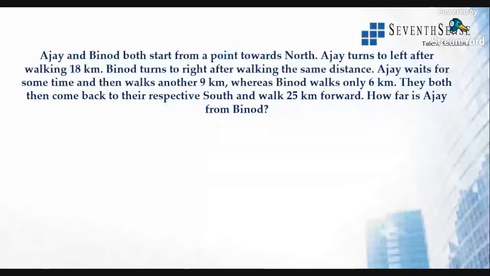Ajay waits for some time and then walks another 9 kilometers, whereas Binod walks only 6 kilometers. They both then come back to their respective south and walk 25 kilometers forward.